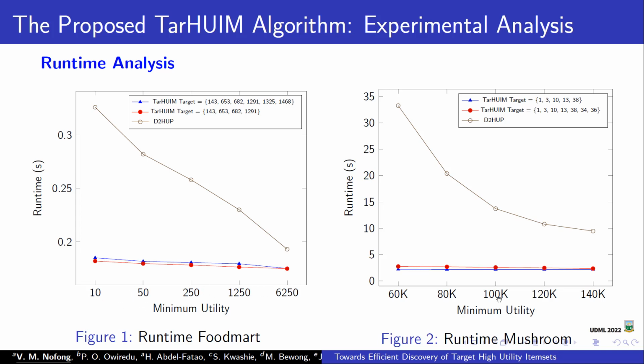We observed that in both figure 1 and 2, when you increase the minimum utility threshold, all algorithms use the shortest time to run. But when we decrease the threshold, they use a longer time to discover the high utility item sets. What is to be noted is that our technique is relatively more efficient compared to D2HUP, which will be more efficient compared to the post-processing and slightly less efficient than the pattern matching.